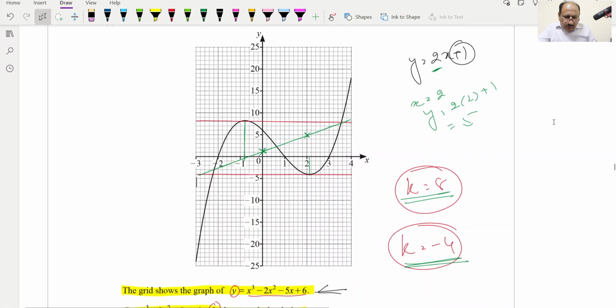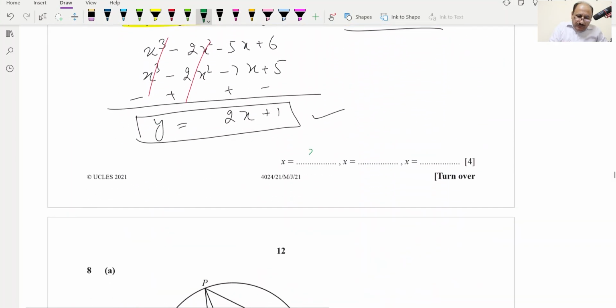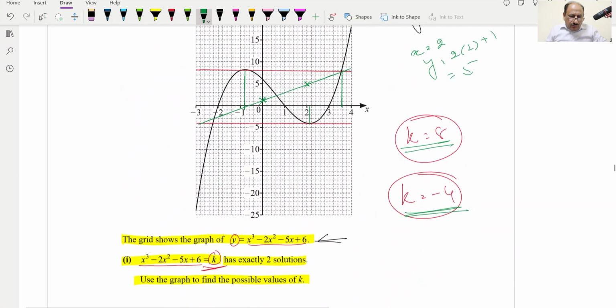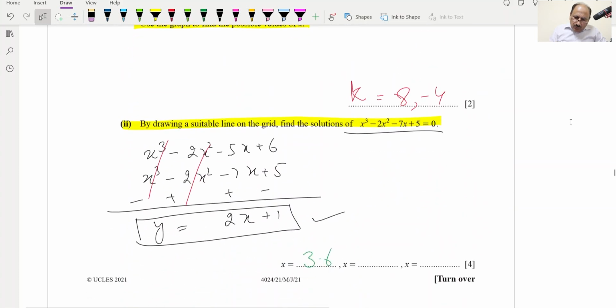And if we check the answers for the x values, one will be around this one, which is 3.6, so 3.6 will be over here. The second x value we can check from here, which is 0.6.